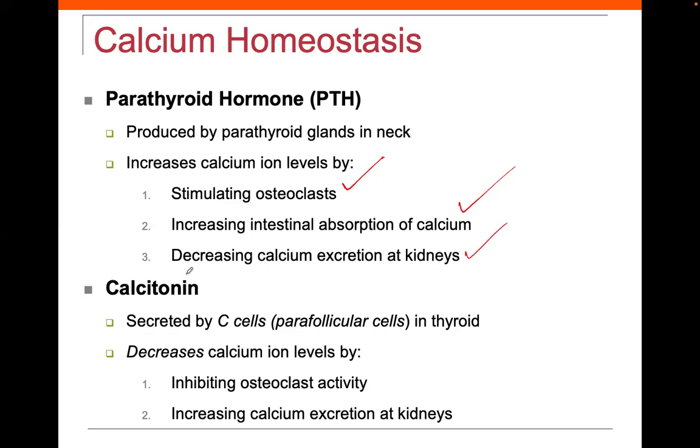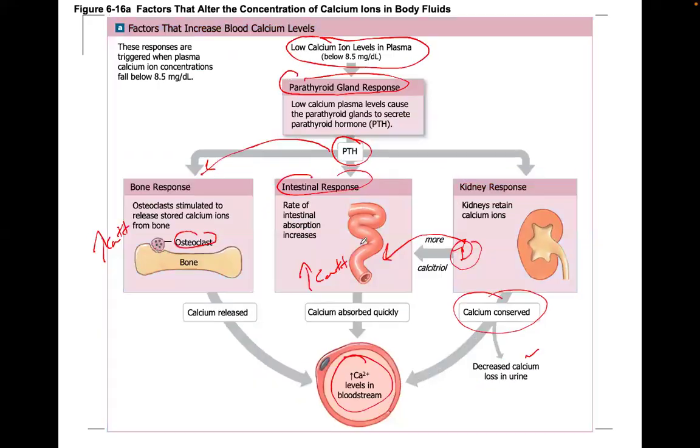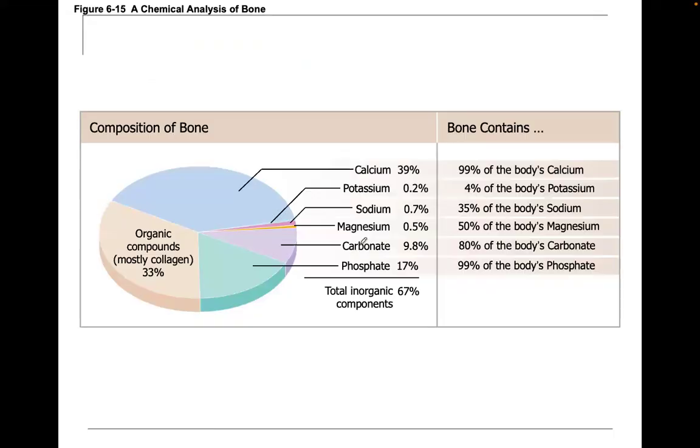But calcitonin, we're trying to decrease the amount of calcium, so the C cells produce it. It decreases the calcium by blocking osteoclasts and increasing osteoblasts. And it increases calcium excretion at the kidneys. Okay, so very important to review those two concepts.